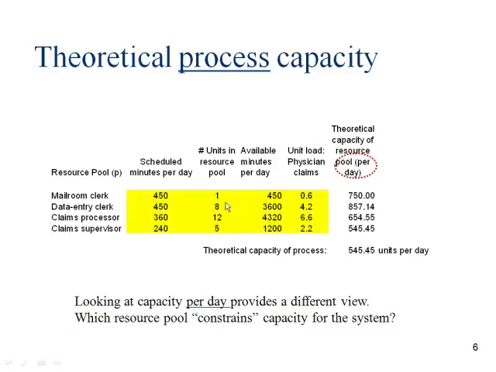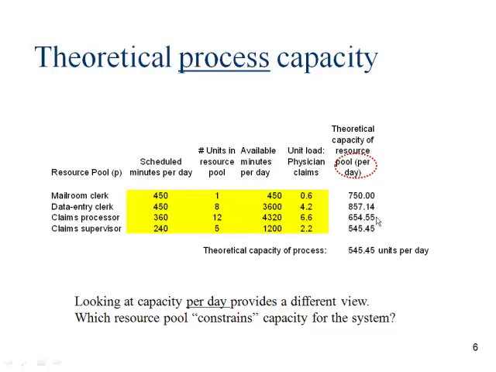Similarly, if the data entry clerks, all 8 of them, were working, they'd be working 3,600 minutes per day. And 3,600 minutes per day divided by the physician claim load of 4.2 minutes of data entry clerk time means that the theoretical capacity of the resource pool here is 857.14.